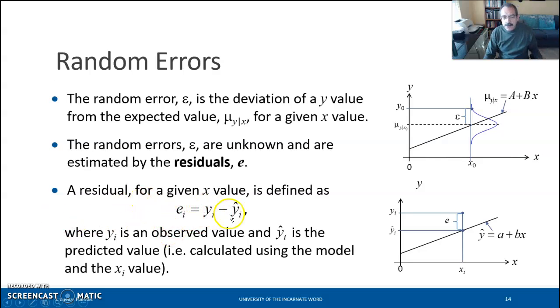So these are called the residuals, or the fitting errors, as sometimes they're called. We're going to use these residuals later on, but one thing that you need to remember is that the random errors epsilon are unknown, and we're going to estimate them with these residuals, which is the deviation between the observed value and the value predicted with the sample regression equation.